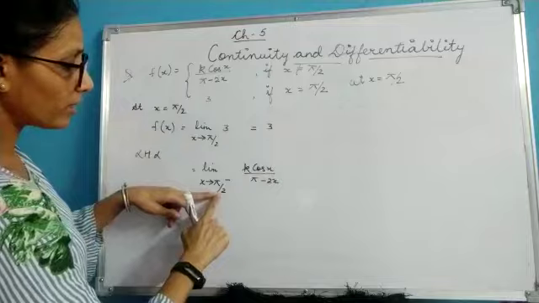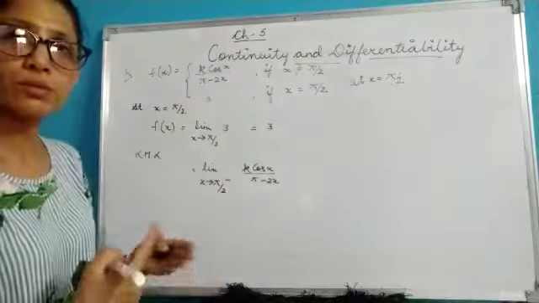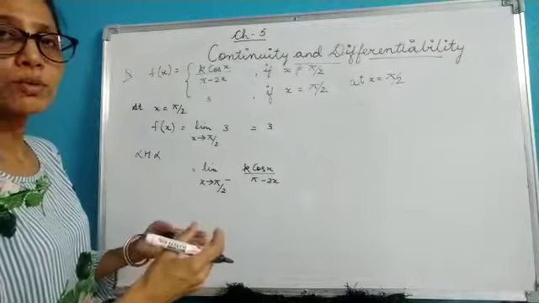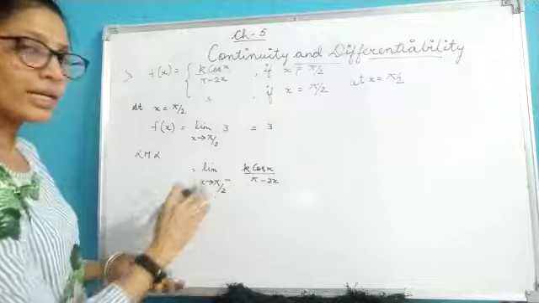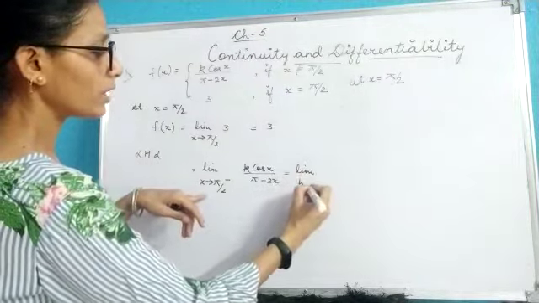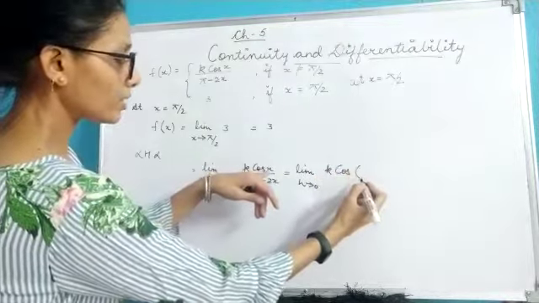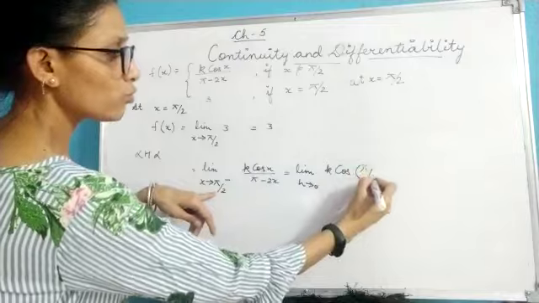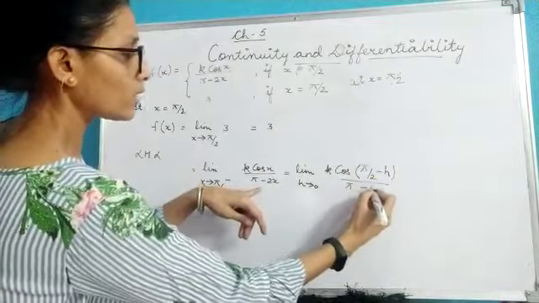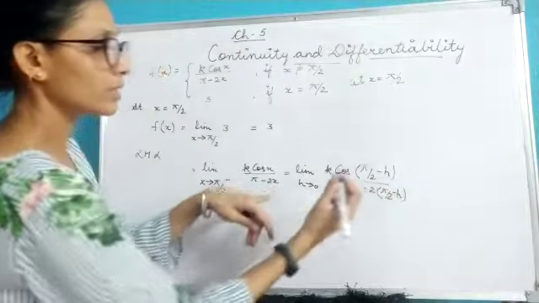Now children, when I am taking it as pi by 2 minus, that means I have to replace my x with pi by 2 minus h. Why am I doing minus h? Because it is slightly less than pi by 2. So this can be written as limit h tends to 0 k cos of pi by 2 minus h whole upon pi minus 2, and this x will be replaced with pi by 2 minus h.